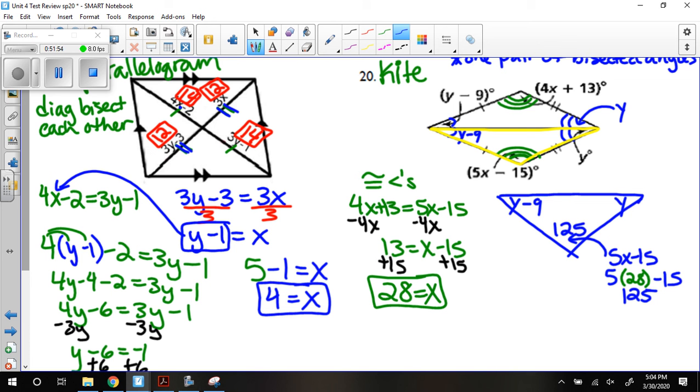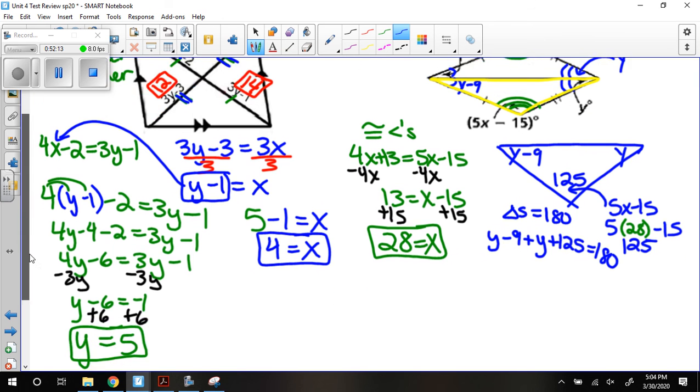Then we've got y in one corner and y minus 9 in the other corner. And you know that triangles equal 180 degrees, right? So if I say y minus 9 plus the y plus the 125, all of those added together equal 180 degrees.